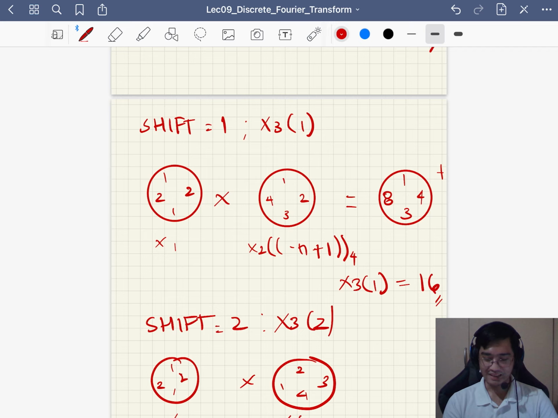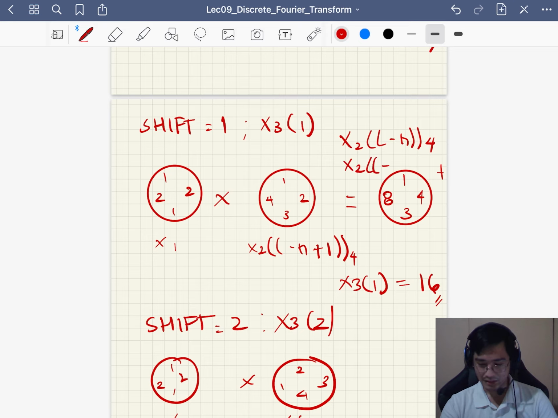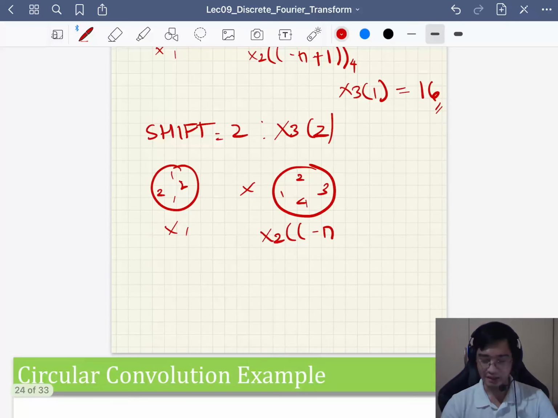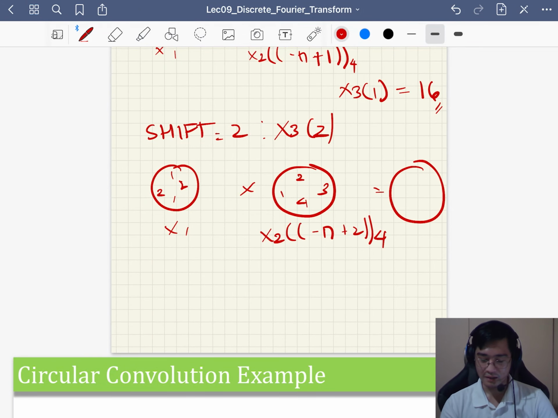Is that correct? Because the original is x2 of minus n, right? Then we shift it by one sample. That is equivalent to x2 of minus n minus 1, right? So x2 should be negative n plus 1. So this is negative n plus 2. This is equal to 6, 2, 2, 4. Add them up, you get x3 of 2 is equal to 14.